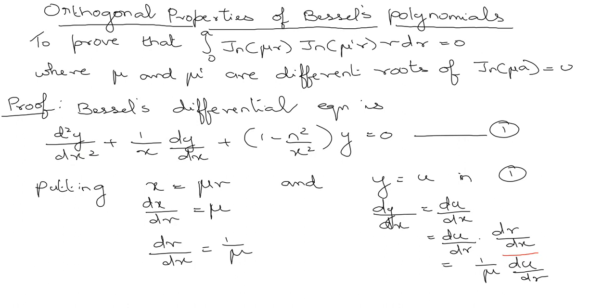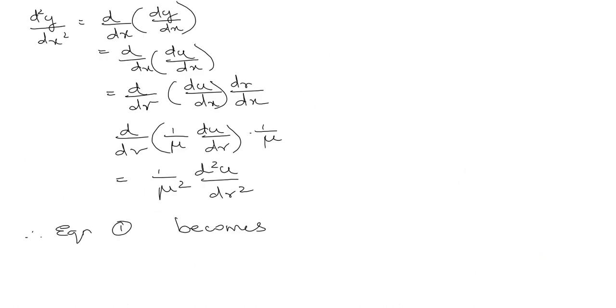Next task is d²y/dx², which is equal to d/dx of dy/dx. We know that dy/dx is equal to du/dx, so we can write du/dx instead of dy/dx. Now d/dx of du/dx can be written as d/dr of du/dx into dr/dx.